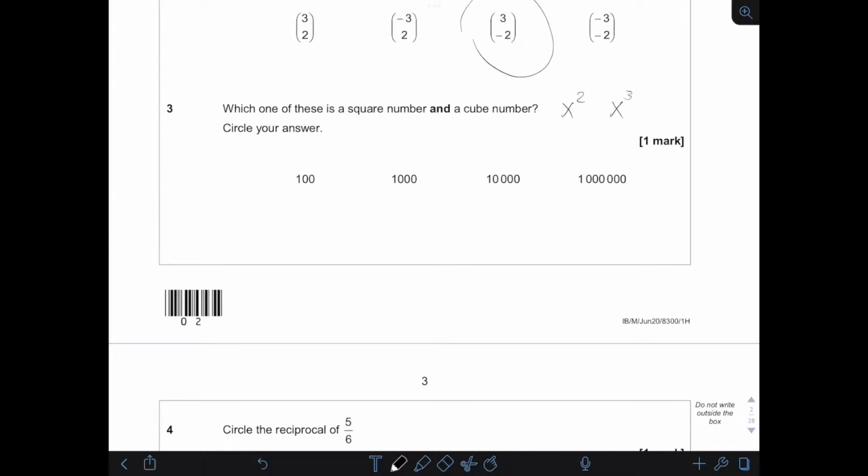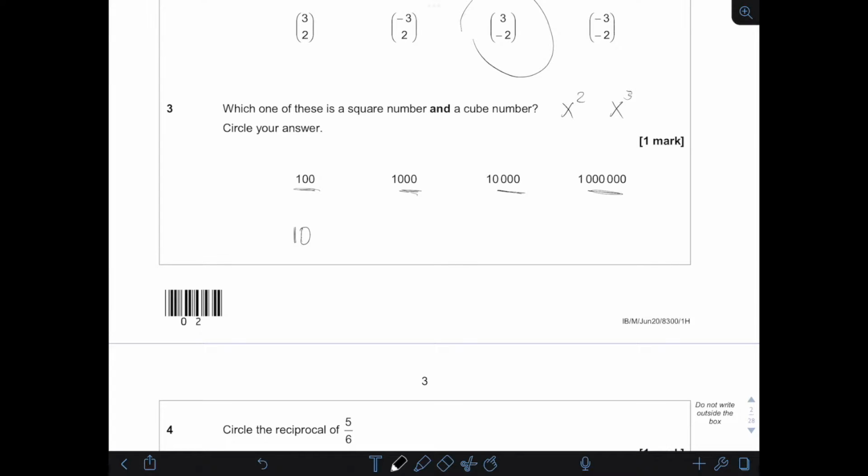Where we have zeros at the end here, we can estimate that the base number should be 10, which means that now we can work it out by trial and error.